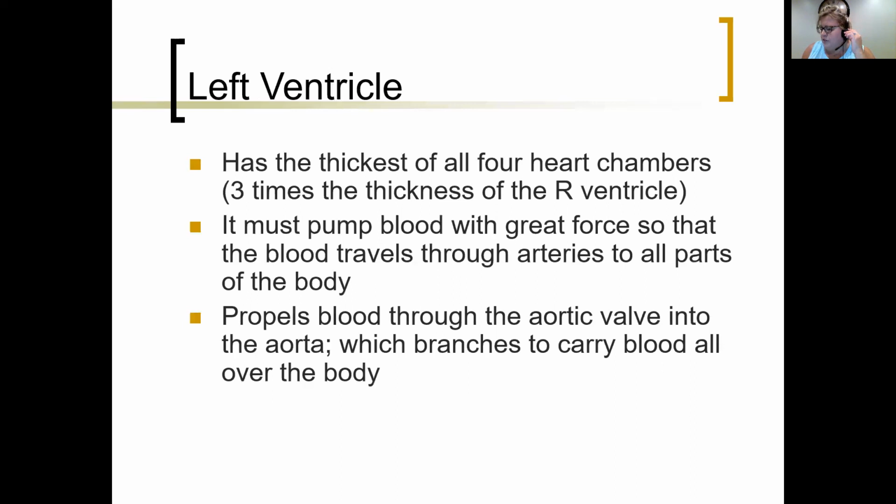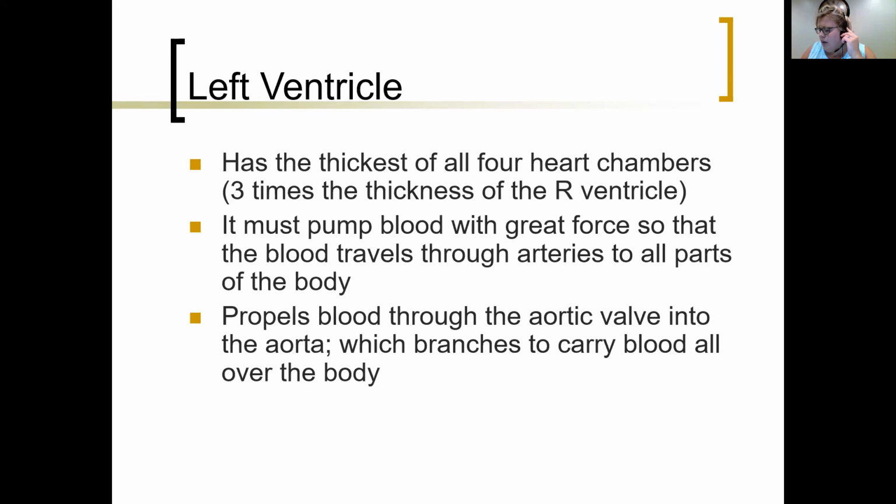Number 5, oxygen poor blood into the heart from the upper parts of the body. That's the superior vena cava, and superior means upper, so that makes sense. Number 6, the upper chambers of the heart are the atria. Atria is the plural, atrium is singular.